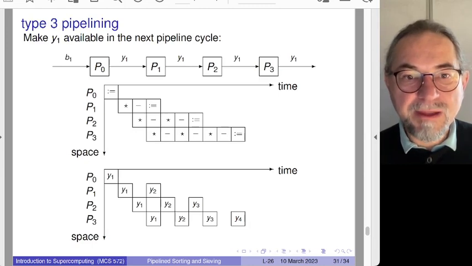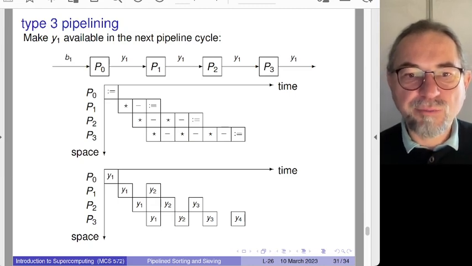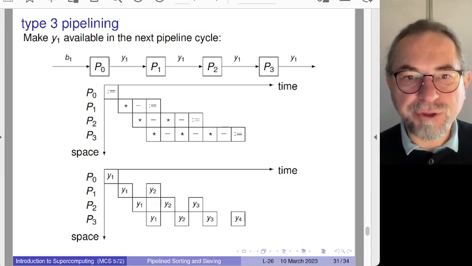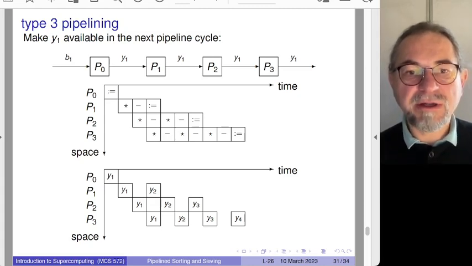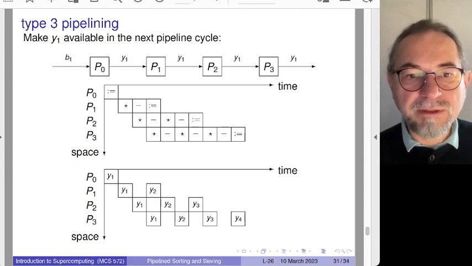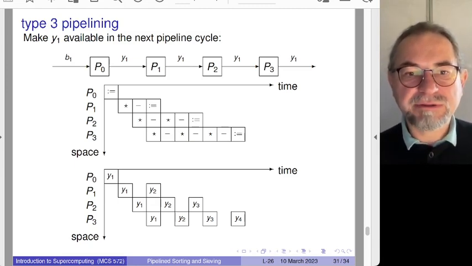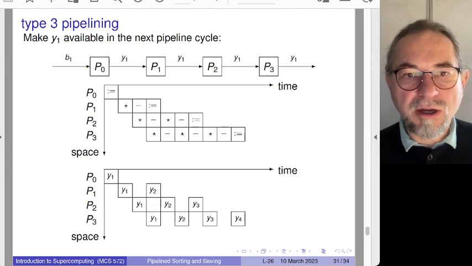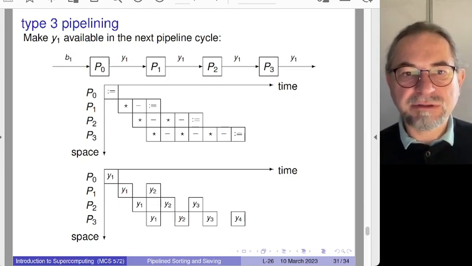So you have this transition here. I have two space diagrams. There is the space diagram which focuses on the numbers. There is the y1 that gets passed through in the pipeline. When y1 is passed through, it takes two cycles.